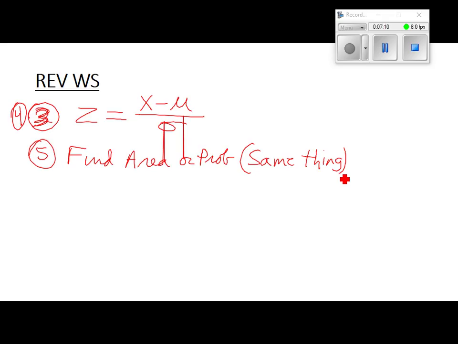For number 4, where it says normal PDF, normal CDF, let's see here. I don't know where I want to write this at. I'll just write it here. If we're using the normal, whether it's PDF or CDF, remember there's certain things that you put in.